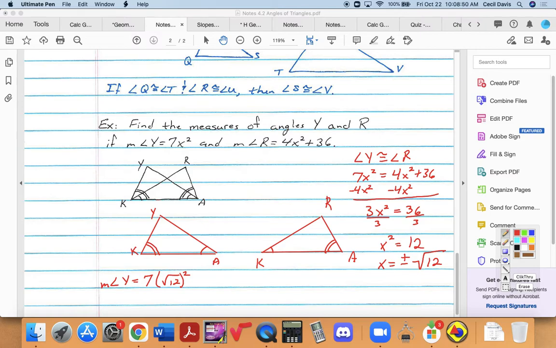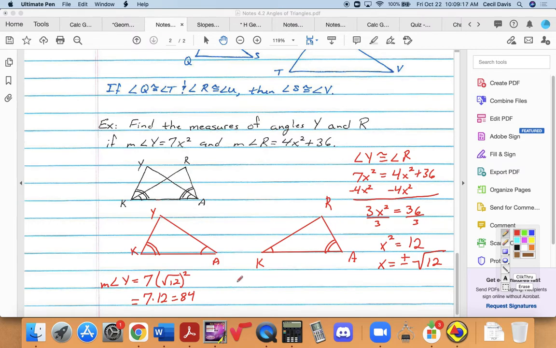I don't know what the square root of 12 is. Okay? Have no idea. Somewhere between 3 and 4. That's really all I know about it. But if I take the square root of 12 and then square it, what do I get? 12. So that's 84.